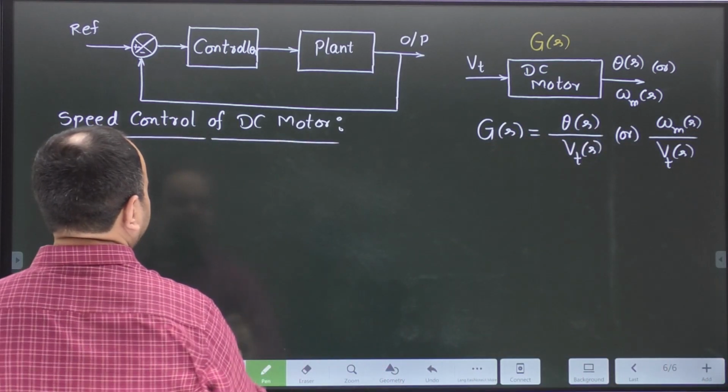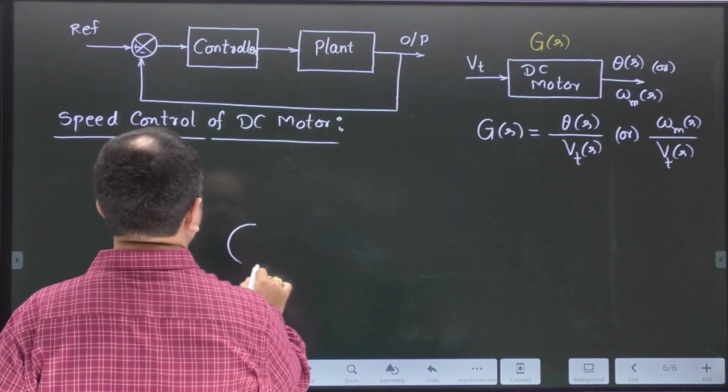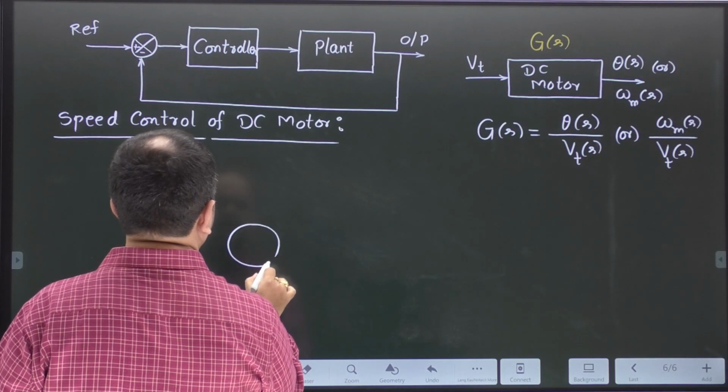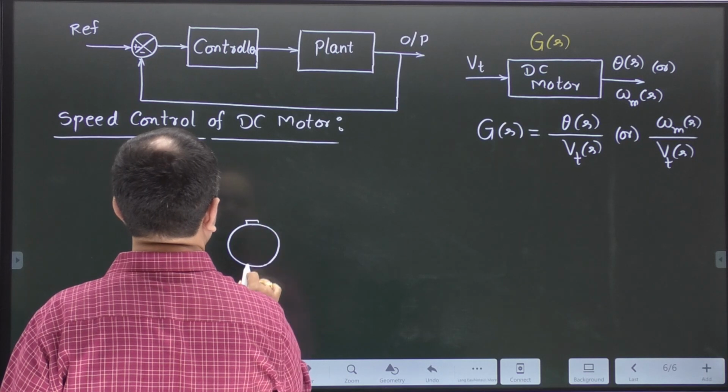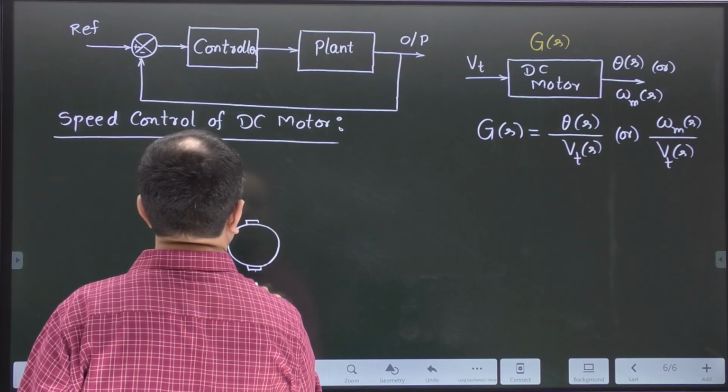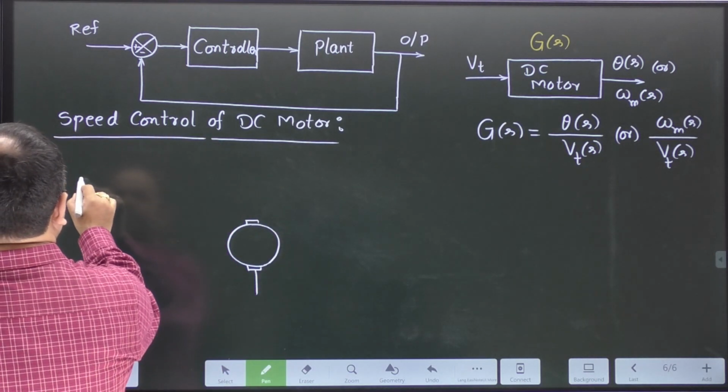Say for example, let us consider that there is a DC motor circuit.